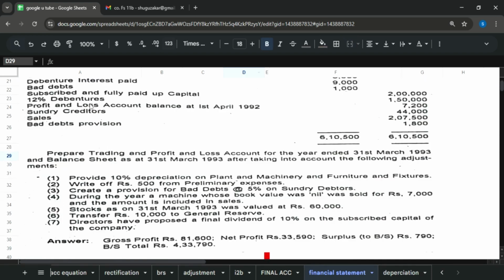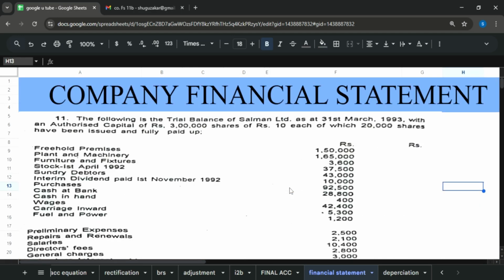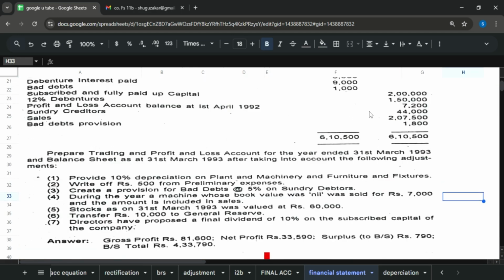After the profit and loss account, sundry creditors, part of the current liability side. Here we will mention sundry creditors. Let's see the value of sundry creditors.